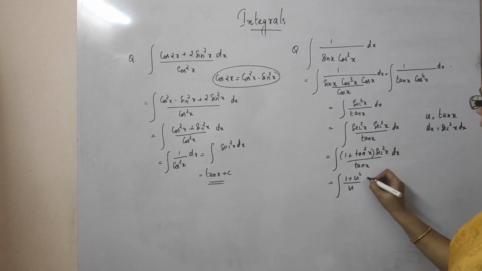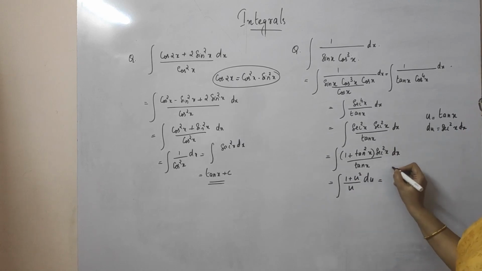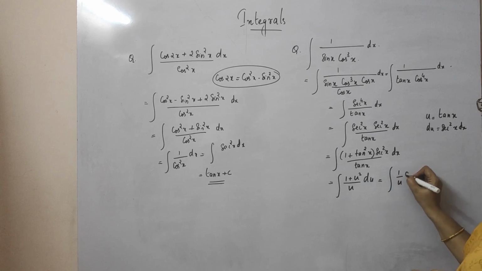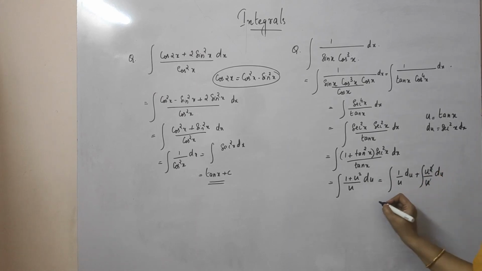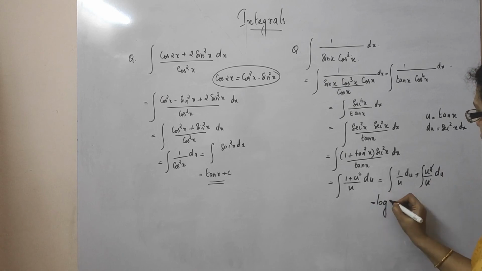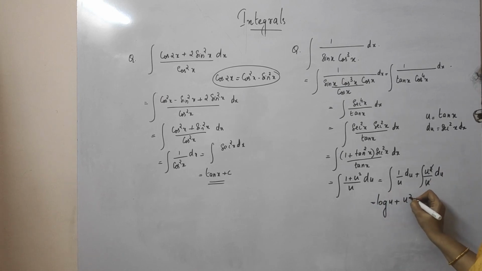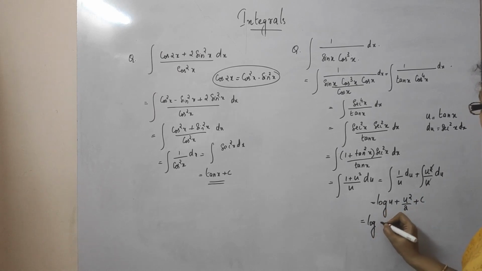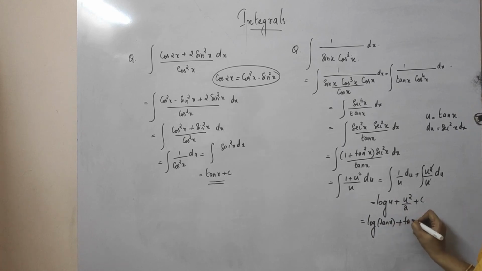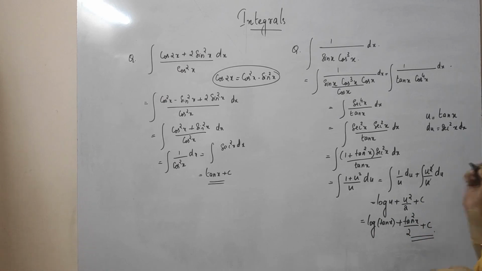Sec squared x dx is now du. So this gives me integral of 1 by u into du plus u square by u into du. One of the u cancels. I get this as log u plus u square by 2 plus c. Resubstitute with u. So log of tan x plus tan square x by 2 plus c. So this is the final answer.